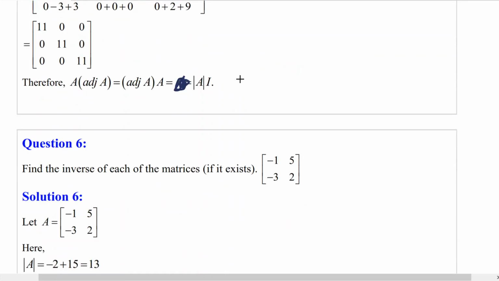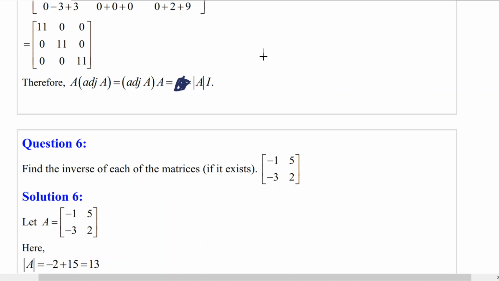So as we have learned here that A into adjoint A is equal to determinant A into I. Okay? Dividing by determinant A, A into adjoint A upon determinant A is equal to I. Okay. Now I'll take this determinant A towards the LHS. What we'll get?